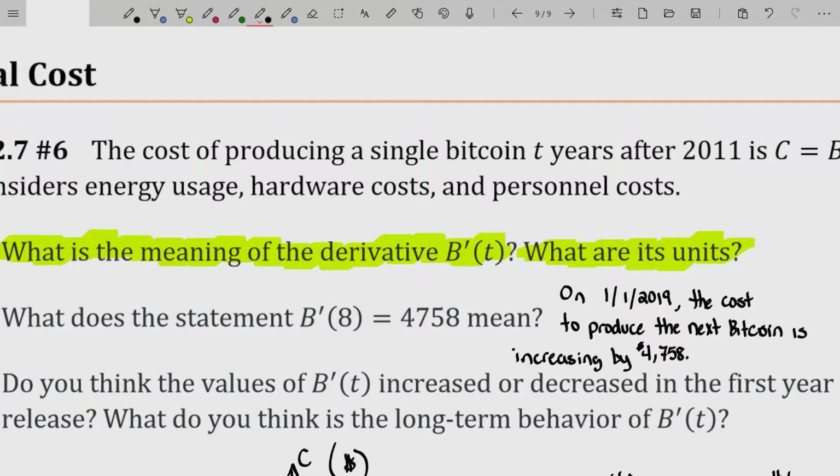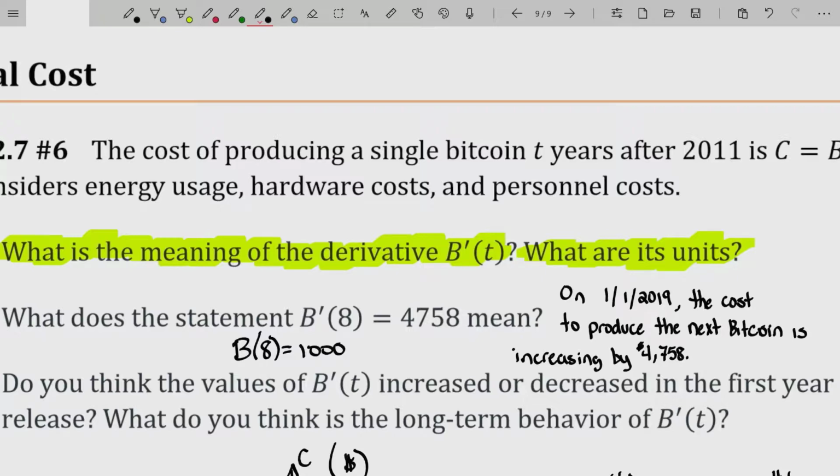Because remember, this function represents the cost of producing a single Bitcoin. So let's pretend that at time 8, B of 8 was equal to 1,000. That means at that time, it costs $1,000 to produce a single Bitcoin.